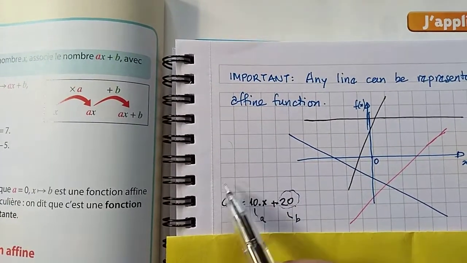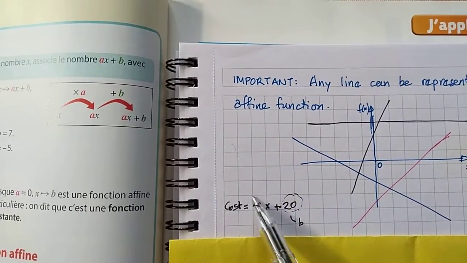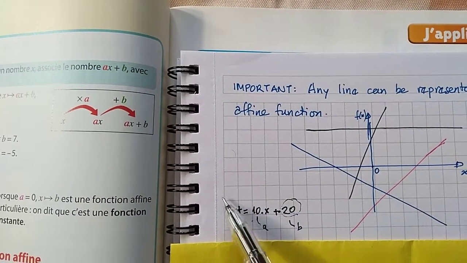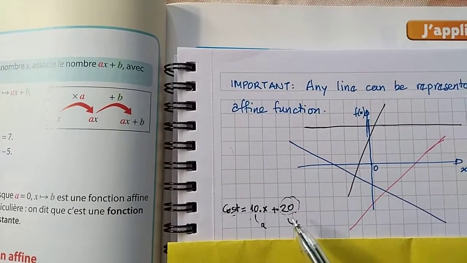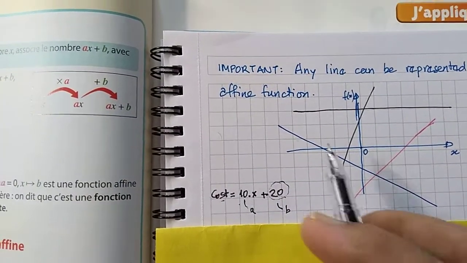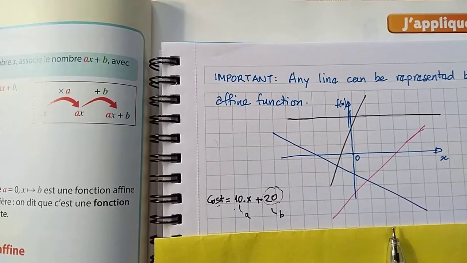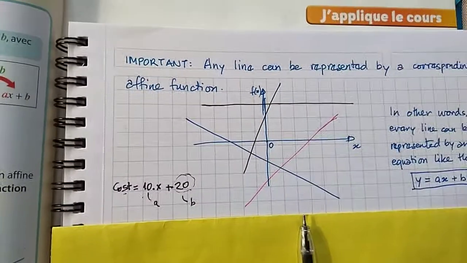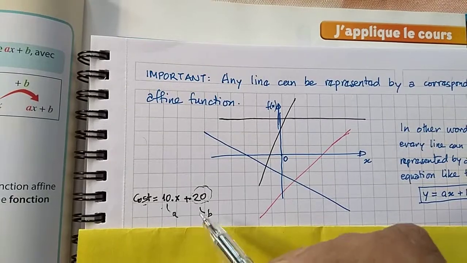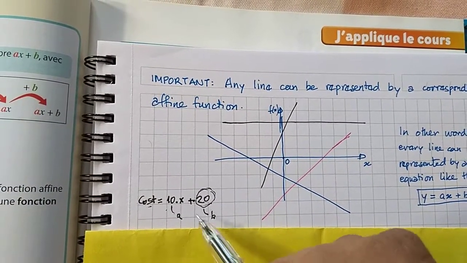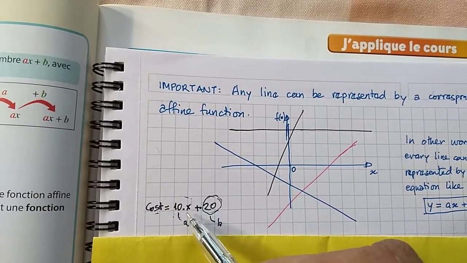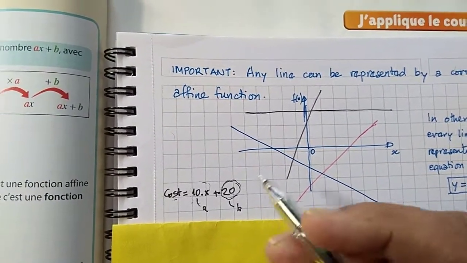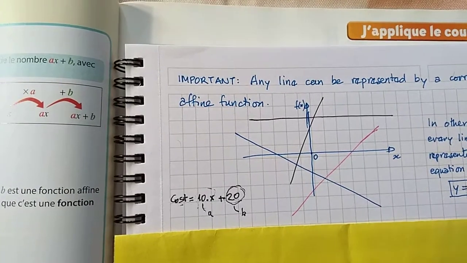So this whole cost of seeing movies can be represented by an affine function. An affine function is very useful for describing situations where there is a fixed component, that is the b, and there is a variable component that varies with the number of whatever you want to do. Watch a movie, I don't know, buy a hamburger or something like that.